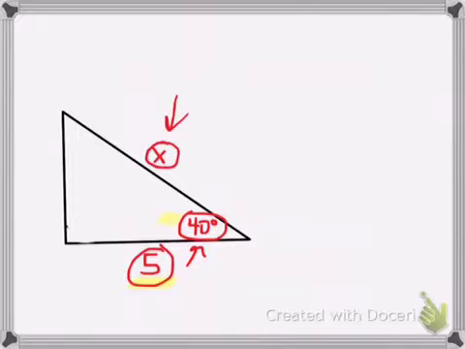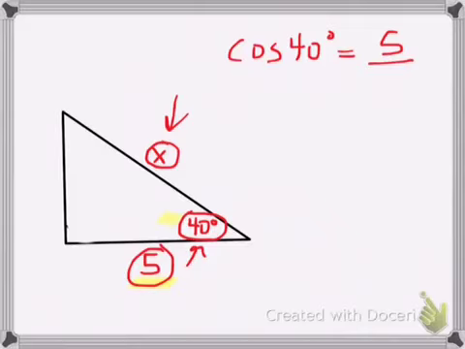So adjacent leg and hypotenuse tells me that I'm using the cosine function. And the cosine of this 40-degree angle is equal to 5, the adjacent leg, over the hypotenuse. Well, what this gives us, if we put this over 1, is a proportion, and then we can use cross multiplication to finish solving this.